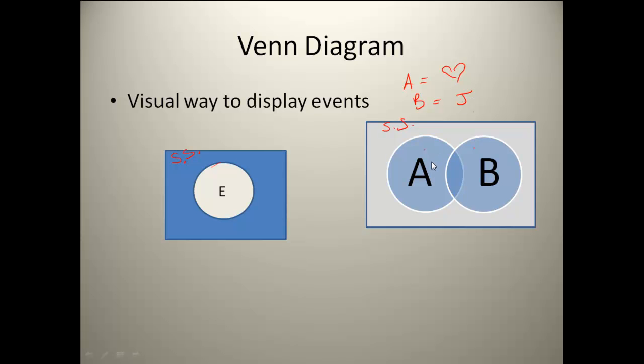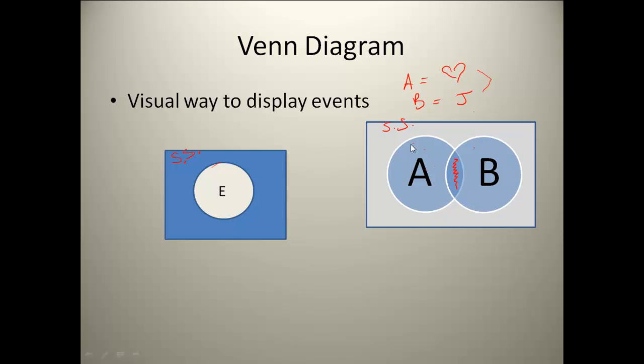Well, if you think about a deck of cards, I have one card that is both of these, so it has to be in both events at the same time. That's where this overlap is. That area includes only the jack of hearts for this particular situation. So event A would be all the hearts, event B would be all the jacks, and this piece in between would be the jack of hearts.